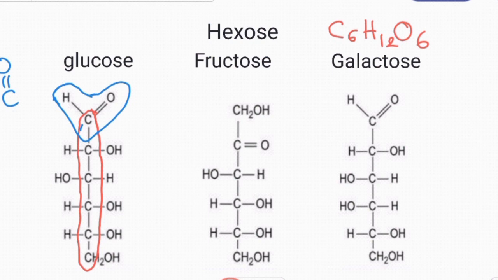These type of sugars are called aldose sugars. They have an aldehyde group as the functional group. And if we take the galactose molecule, again we can see the same arrangement, carbonyl group in the first carbon, so it is also an aldose sugar.